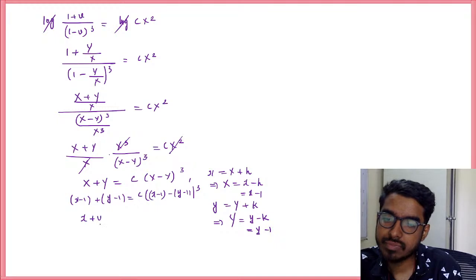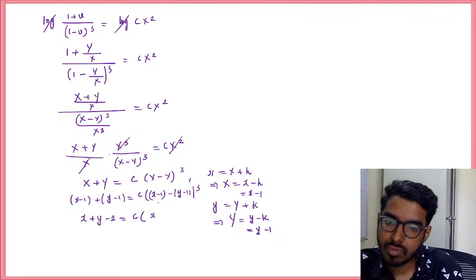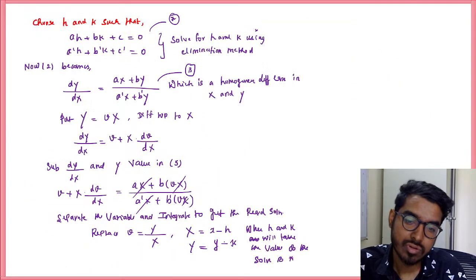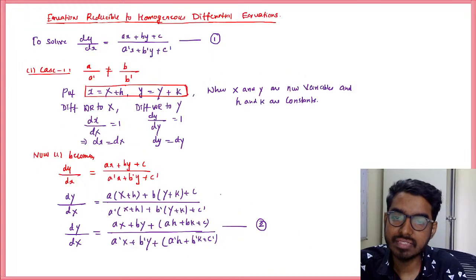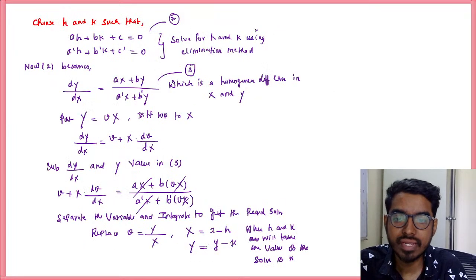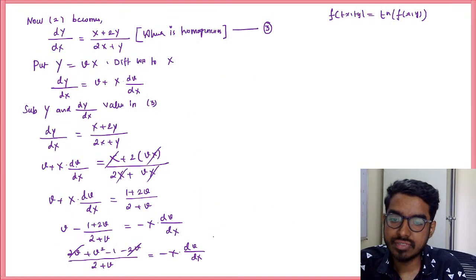So we will have x plus y minus 2 is equal to c into the cube, the minus 1 will get cancelled, (x − y)³ is the required solution. Sorry, here I made a mistake: capital X is small x minus h, and capital Y is small y minus k.